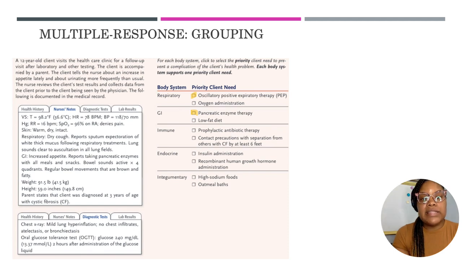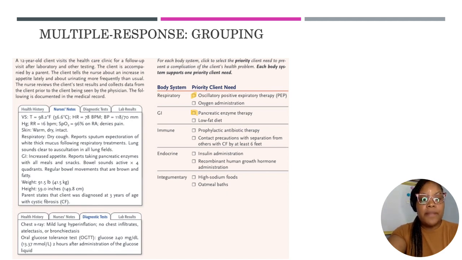So it says insulin administration, or we could have a human growth hormone administration. All right, so let's look at our diagnostic test. So we see that the patient has a glucose of 240 mg per dL, and that was 2 hours after administration of a glucose liquid.